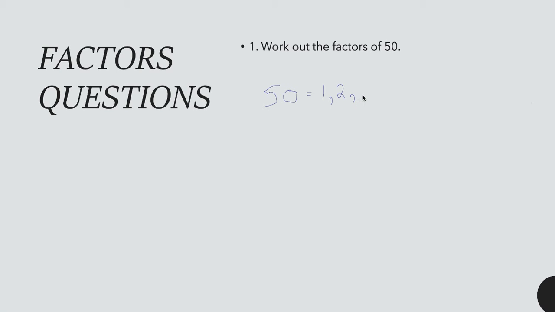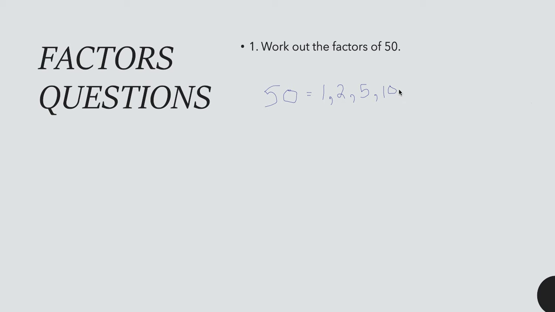It doesn't go into 3. It doesn't go into 4. It goes into 5. 5 and 10. 6. No. 7. No. 8. No, not 8. 9. No. So then it's next 10.